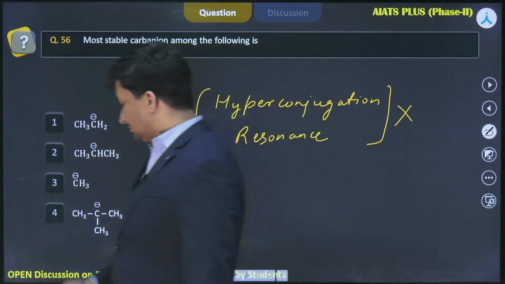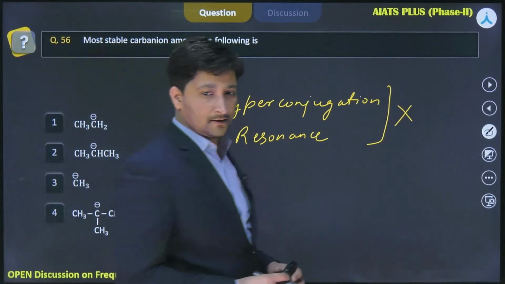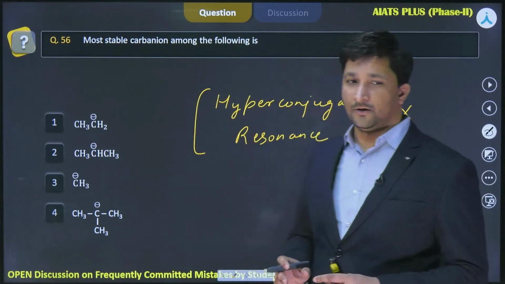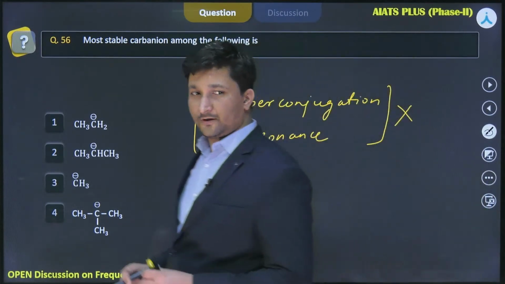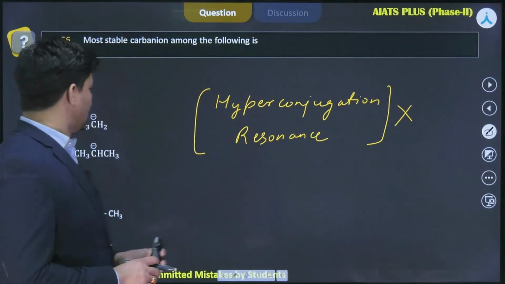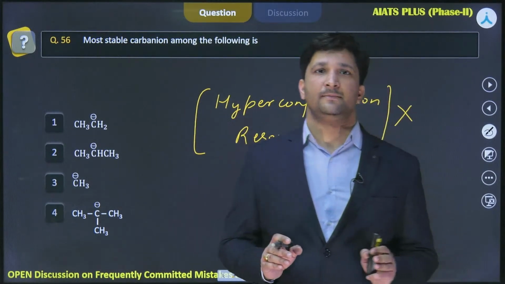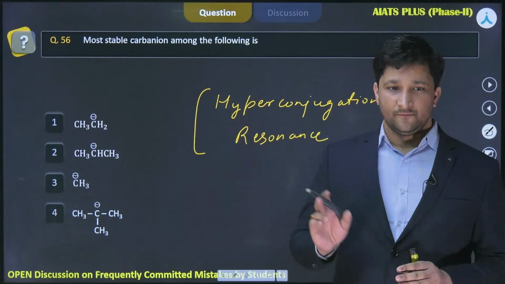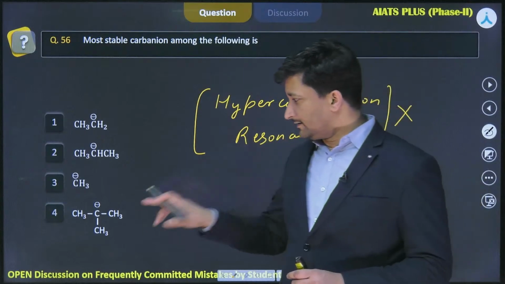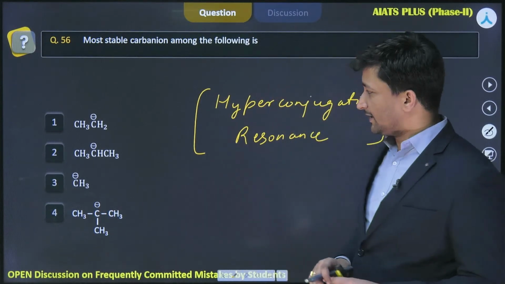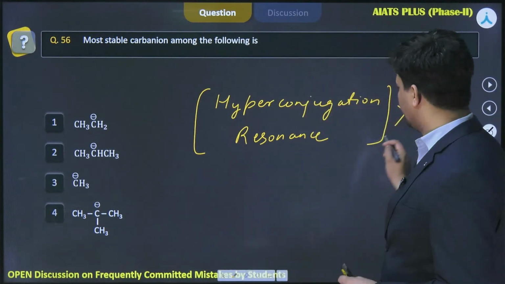Resonance you can understand, alternate conjugation is there. No, 3 degree is not the most stable one, Inakshi. For hyperconjugation to take place, it is essential that there should be an empty p orbital, an sp2 hybridized carbon, where sigma to pi or pi transfer can take place. But here there is no empty space. So definitely hyperconjugation is not going to work here. Resonance also is not going to work here.